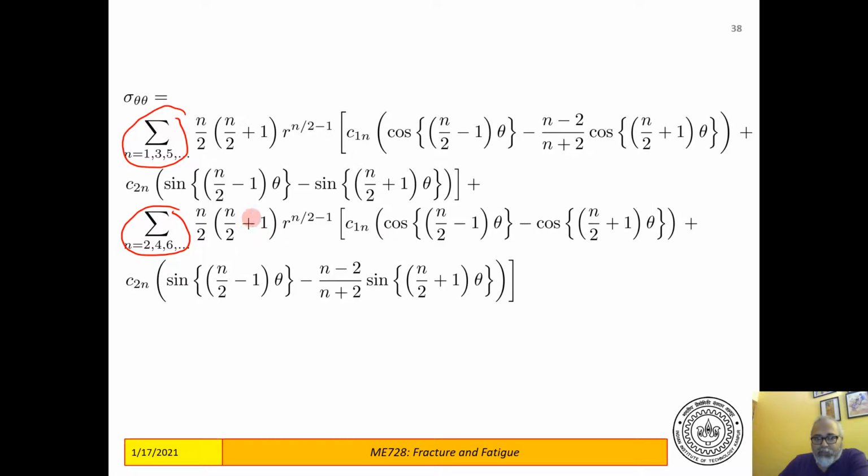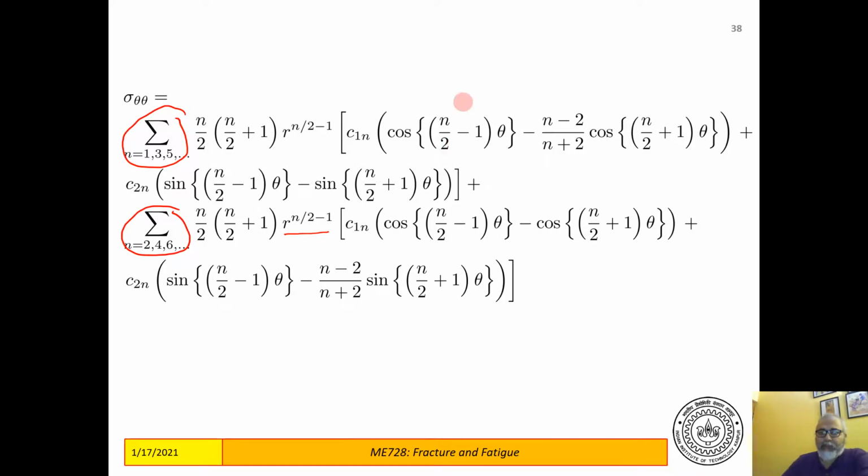Remember, lambda is n by 2, so we have replaced lambda by n by 2, and r to the power lambda minus 1 appears here, so n by 2 minus 1 appears in all of these terms. So these are for the odd, and this is the series for the even, and n does not take 0 or negative values, it takes positive integer values only.